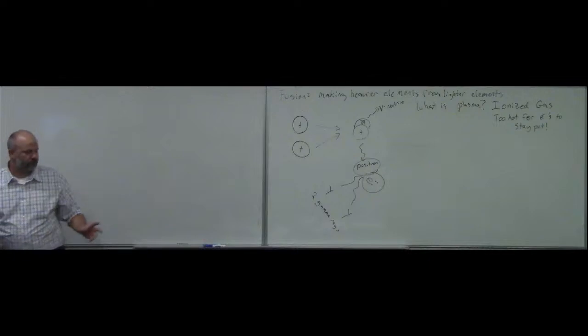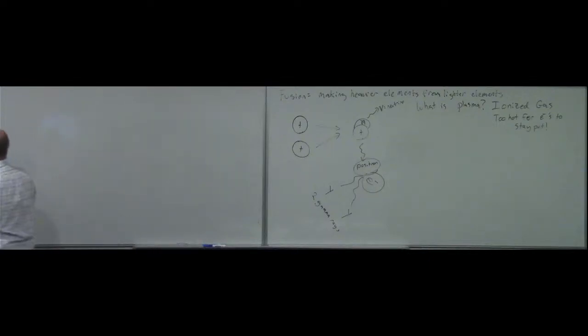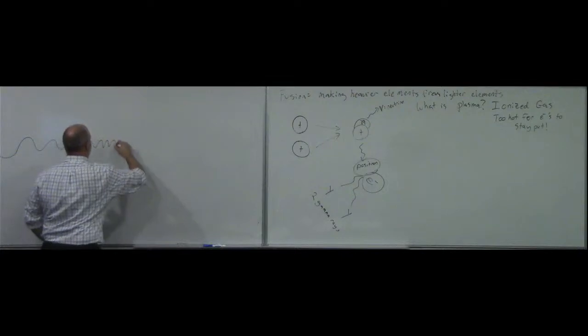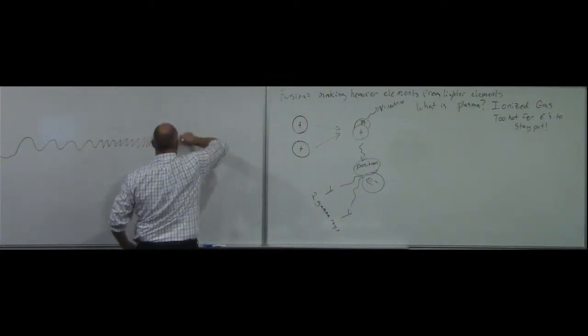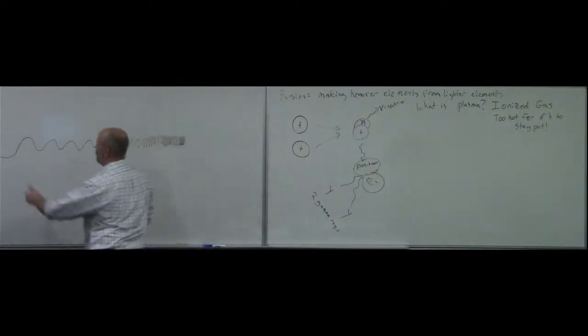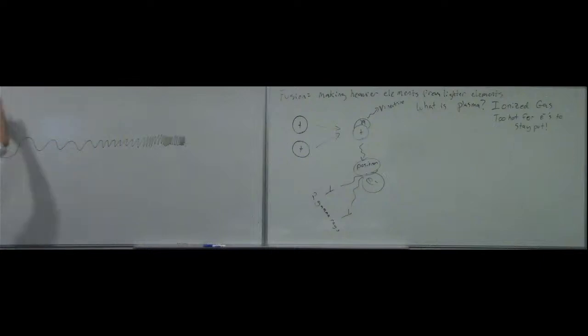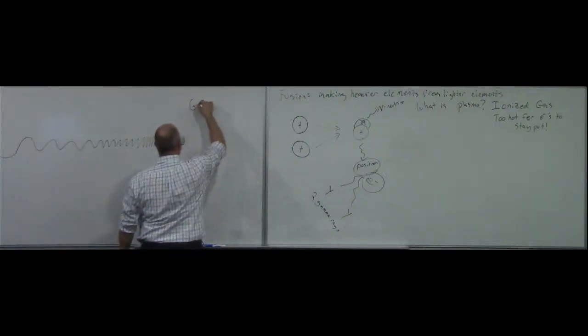So, when we talk about light, typically what you'll see is something like this. We'll draw everything from down here, radio, over here, gamma.